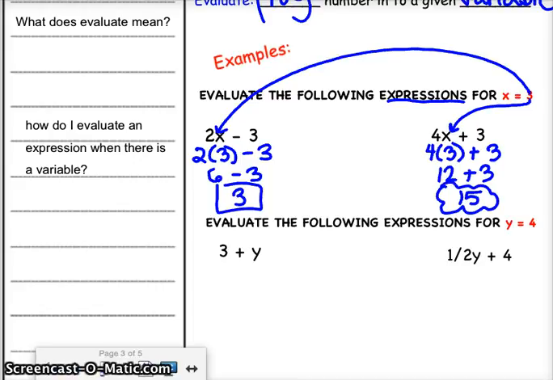Right now you should be thinking about how you're doing. Do you feel like a master at this evaluating? Do you feel like you always forget what to do when they tell you to evaluate? One of the biggest things that my students do is forget that when a number is sticking to a variable, it means multiply. So they'll write this. Okay?